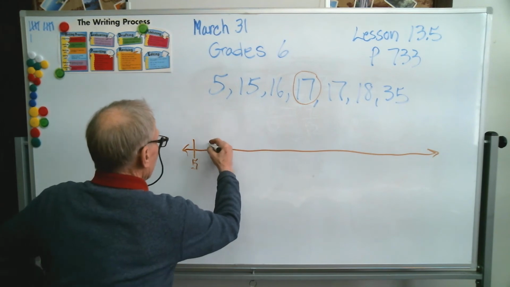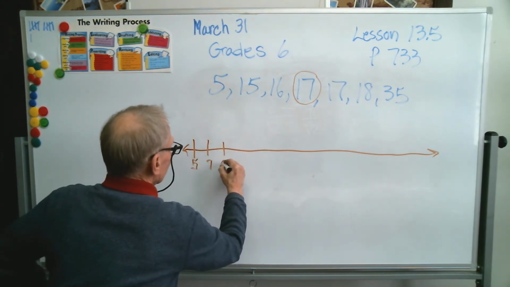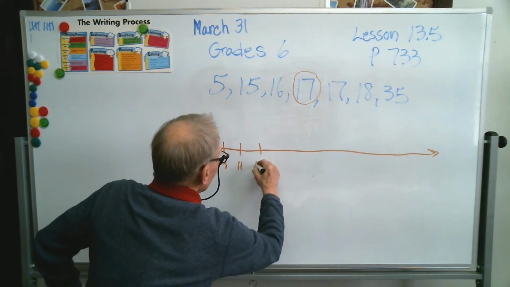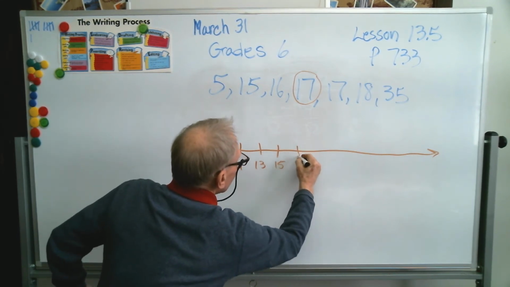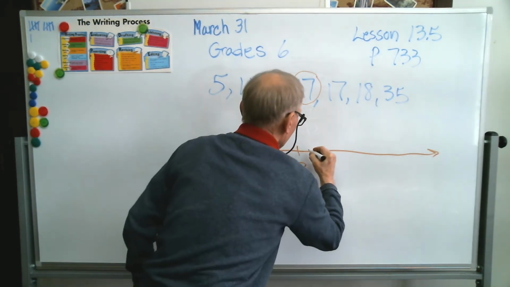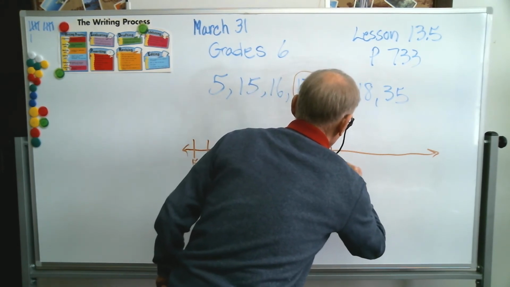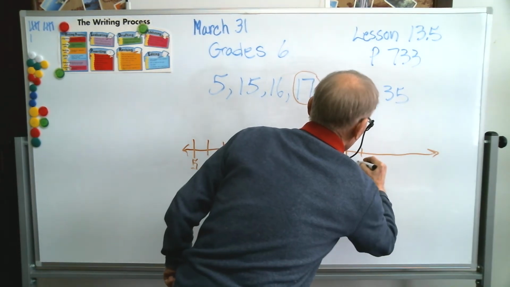So we got 5, 7, 9, 11, 13, 15, 17, 19, 21, 23, 25.